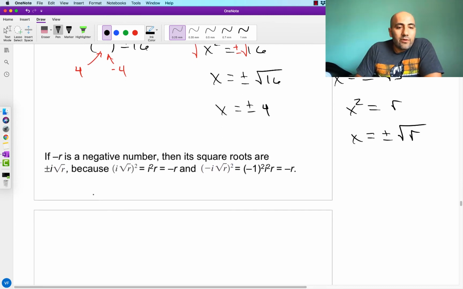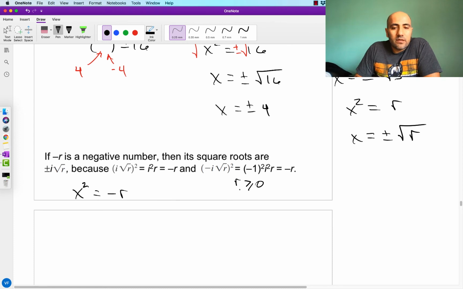So if we had some statement, x squared equals negative r, so that means that r itself is non-negative. Let's just for a minute assume that r itself is 0 or positive.